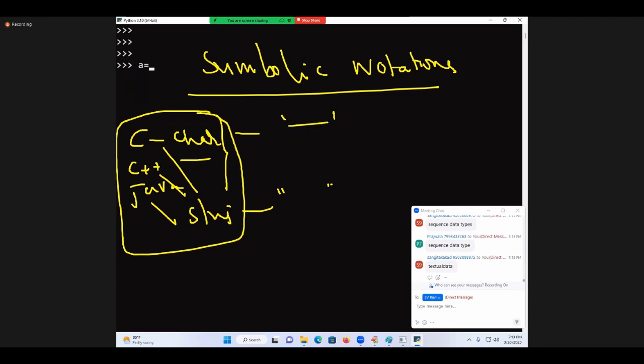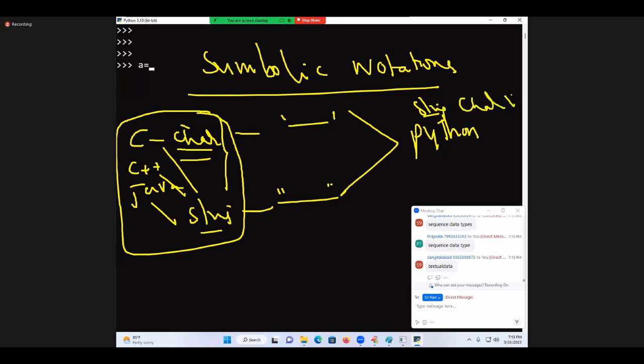This is single quote for which one? Double quotes is for what? In C and C++. In Python, we use both of them for which data only? And there is no data type called char here. That means char is a difficult memory management for string organization, so they removed char completely.